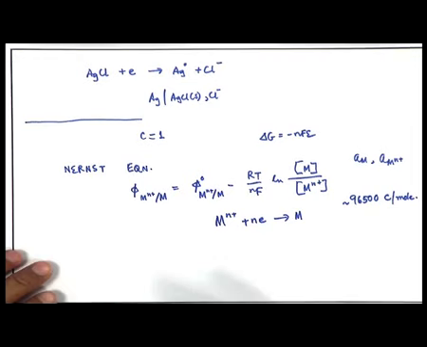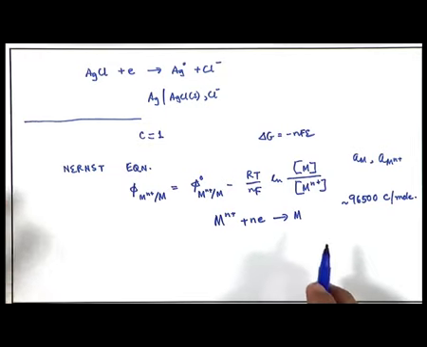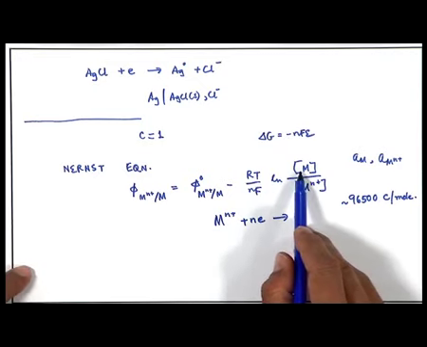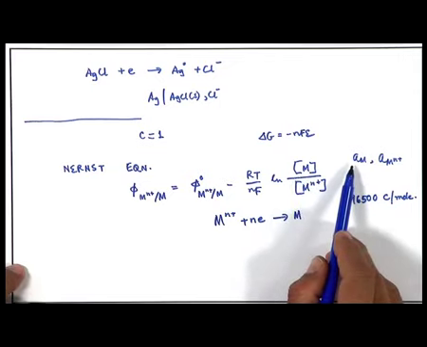Therefore, for solids and gases, or if it is in the pure state of aggregation, for all practical purposes you can take this numerator to be equal to unity. That means activity is taken to be unity for the pure state of aggregation.